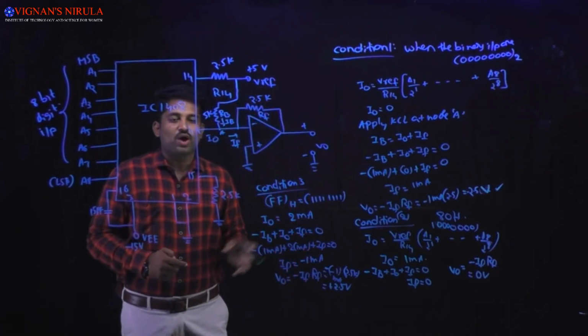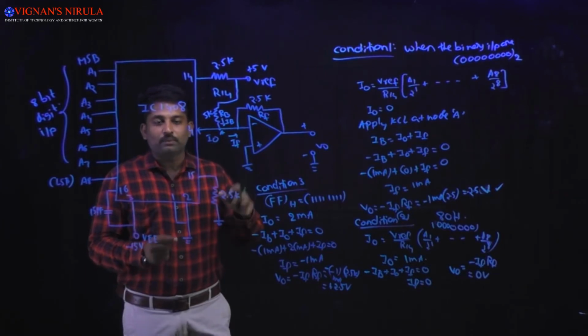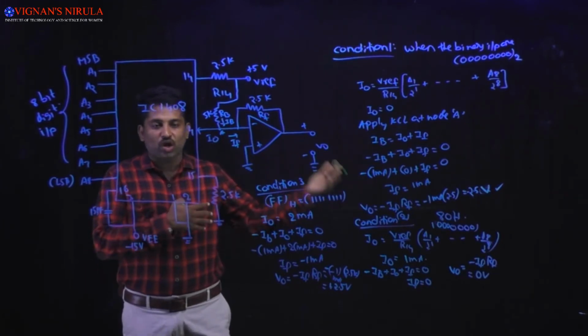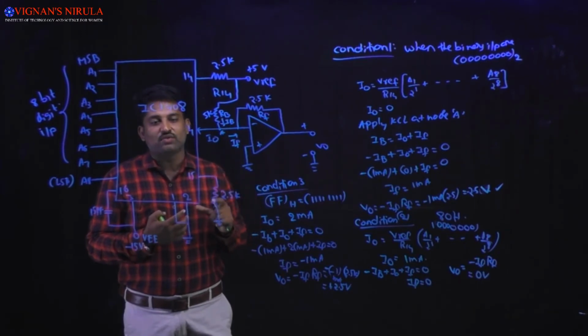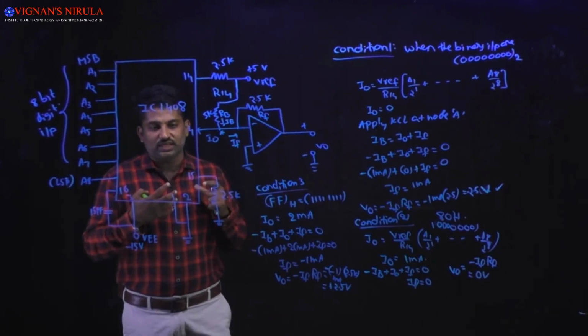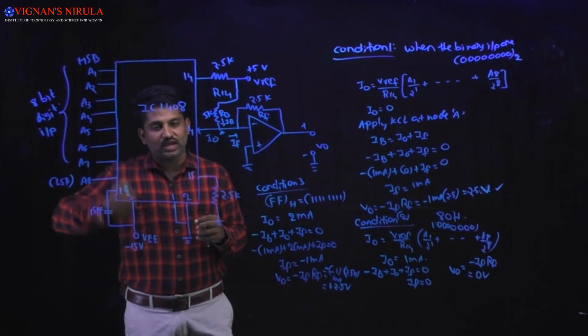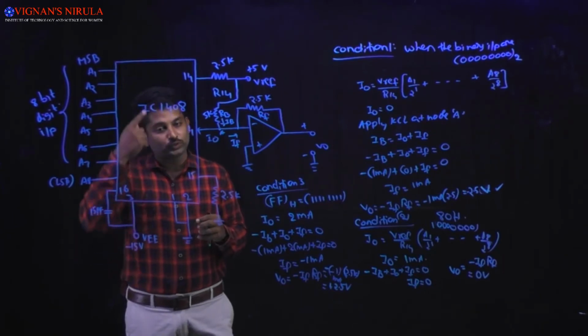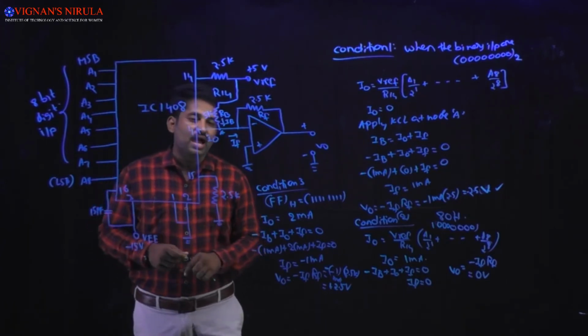That means what we can conclude from this is that with IC 1408 we can produce bipolar output voltages with a slight modification. The modification is that we insert a resistance RB, whose value is 5 kilo ohms, in between the reference voltage and the output terminal of the IC 1408, which produces the constant bias current, IB in this case.